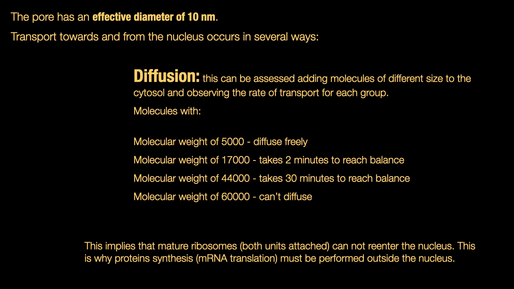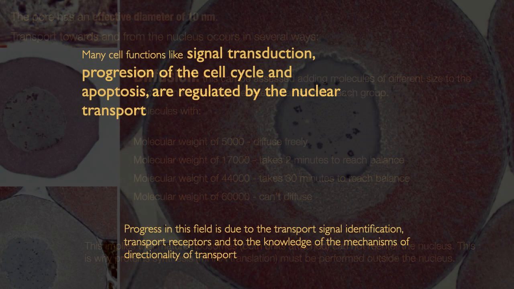The final effective diameter of that basket is only 10 nanometers. So molecules can diffuse through it more or less quickly depending on their size. But any molecular weight of 60,000 Daltons or above can't diffuse. So they need help for transportation.